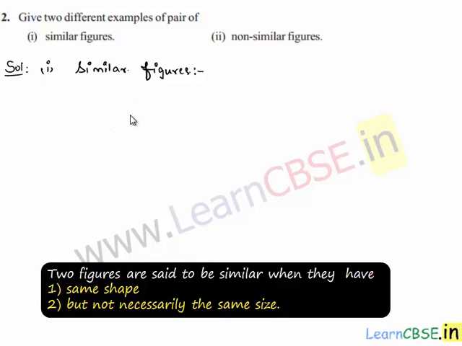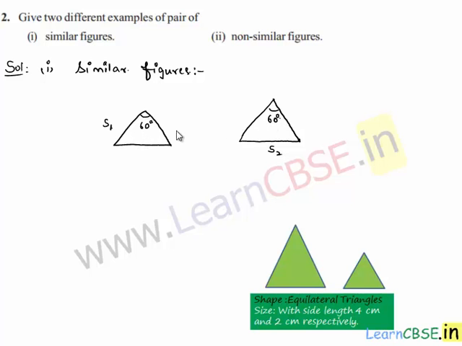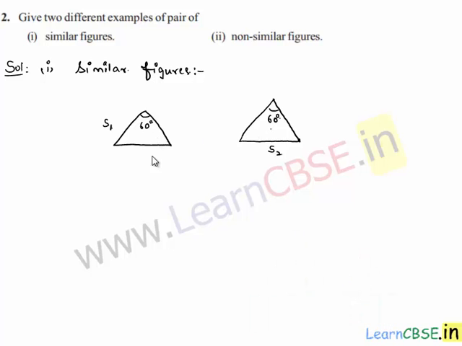Now if we consider two equilateral triangles with included angle 60 degrees each, with side S1 and the other equilateral triangle with the same included angle 60 degrees, but let us assume that its side is some S2. Here these two figures are said to be similar because the shape obtained is the same but the size of the triangles is different.